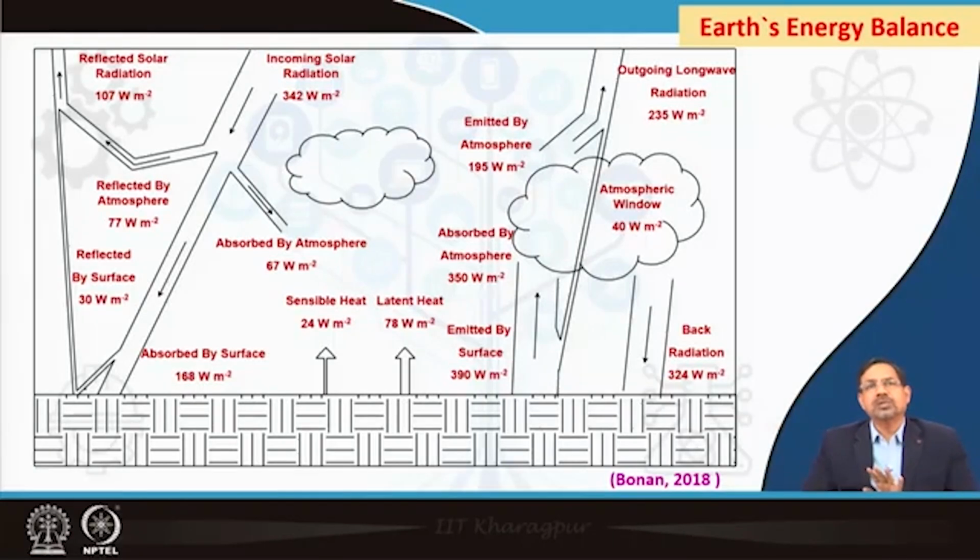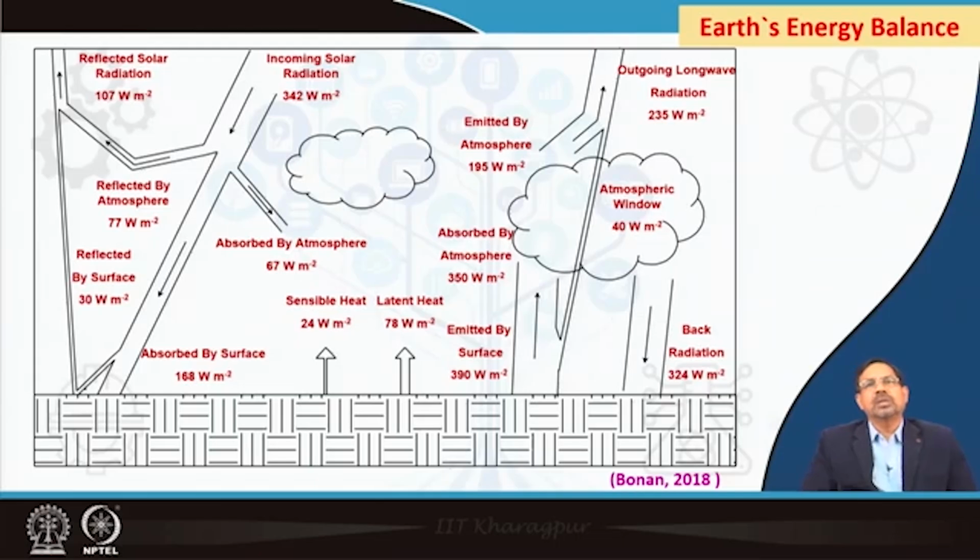Now let us go to the emission, which we are talking about in terms of the longer wavelength radiation. 390 watts per meter square is emitted from the earth surface. Of this, the clouds, the various gases, particles and other elements in the atmosphere absorb about 350, and 40 escapes directly.